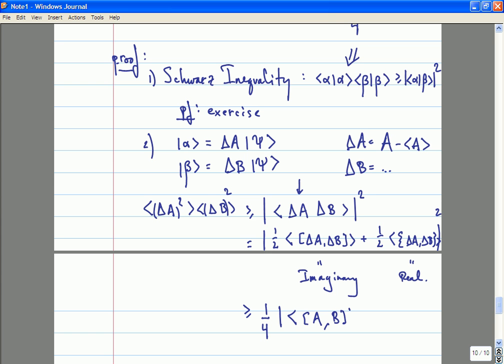Numbers commute with everything, so we can forget about them in the commutator. And that's, okay, what do you say? Quod erat demonstrandum? Good.